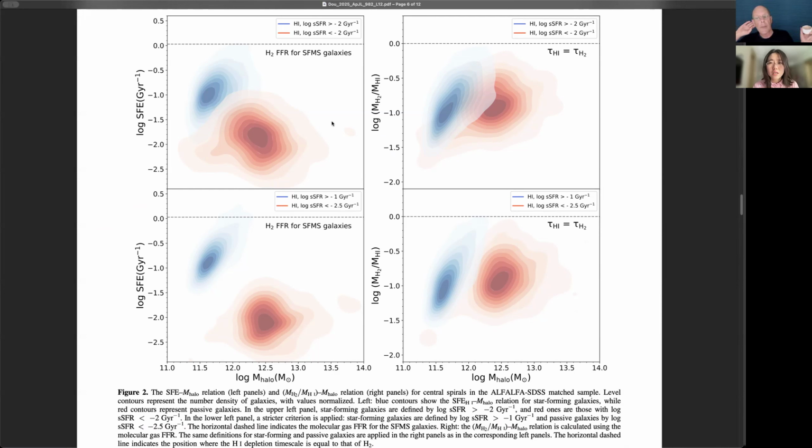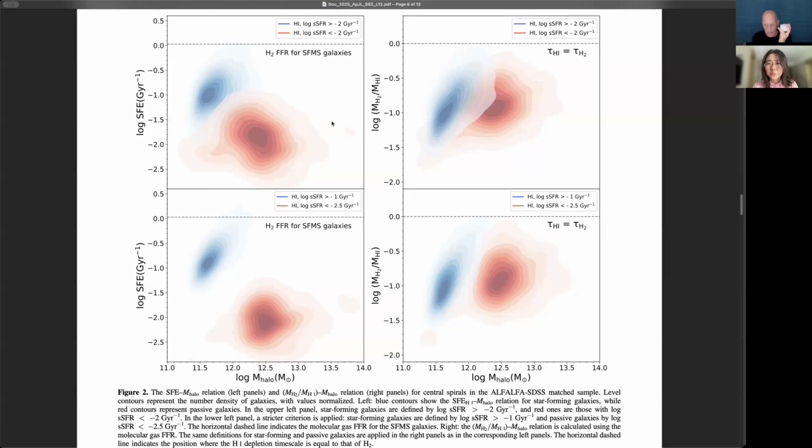And thanks to some theoretical papers which have already pointed out that the dark matter halo can pour the gas onto the midplane and change the vertical distribution of the gas and stars. So in this way, the dark matter halo can indirectly change the distribution in galaxies and influence the H2 to H1 ratio.